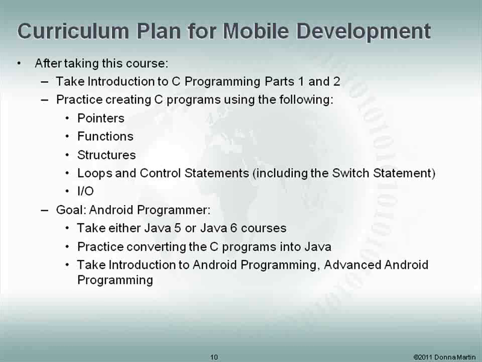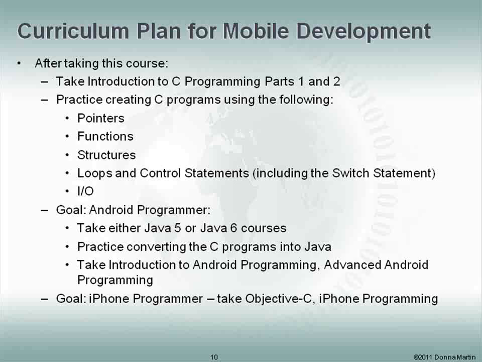Then again, you would move on to the Introduction to Android Programming class, followed by the Advanced Android Programming class. Again, as before, you want to make sure that you really feel you have the concepts from the previous course before you move on. That's just to help you really be able to learn effectively and efficiently and be prepared for the new set of concepts that are going to be introduced in the successive courses.